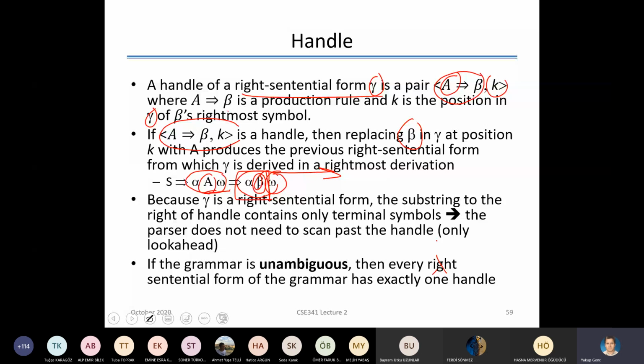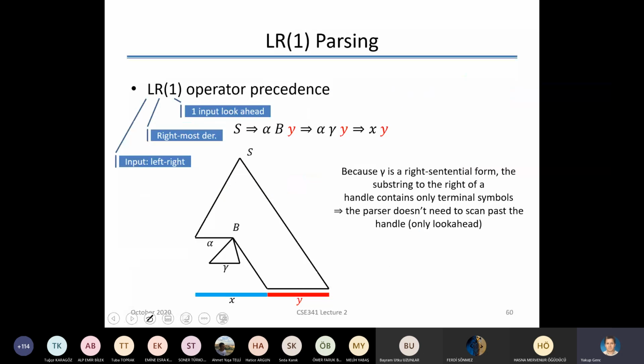Now, this is looking ahead. This is LR parsing. This number one is how many symbols you can look ahead, how many terminal symbols that you can look ahead.